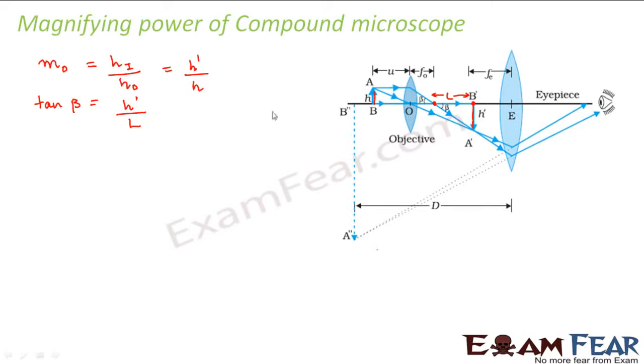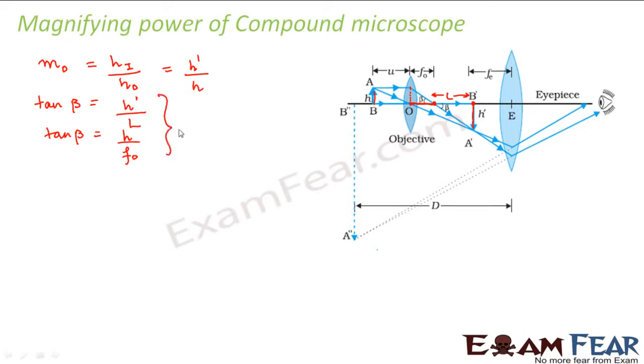Also, looking at this triangle, we can say that tan beta is also equal to h divided by this distance. What is this distance? This is the focal length of the lens, f naught. So tan beta is h by f naught.